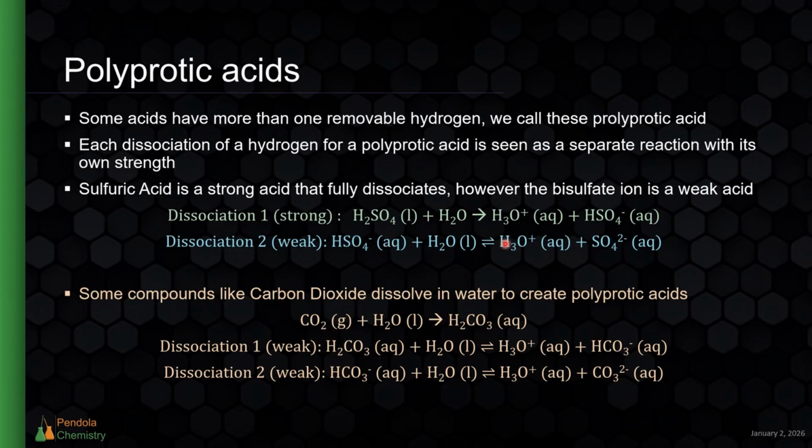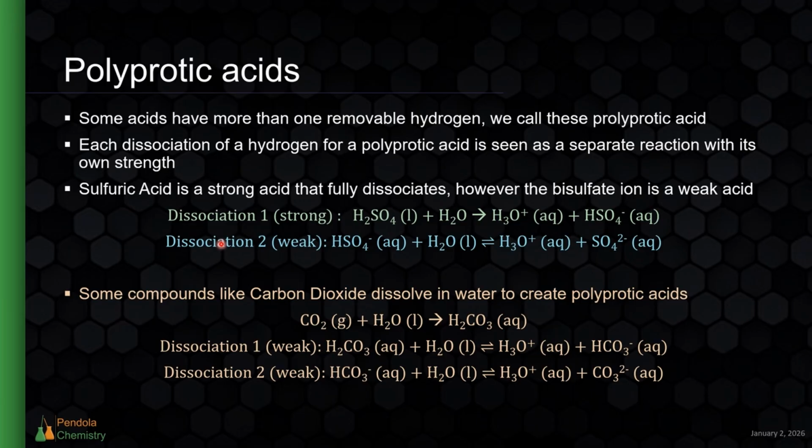It is a partial dissociation, meaning that it is a weak dissociation. So we say sulfuric acid, H2SO4, is a strong acid, but HSO4 minus ions are a weak acid, because that is the second dissociation, which is separate from the first. So that's what polyprotic acids do.